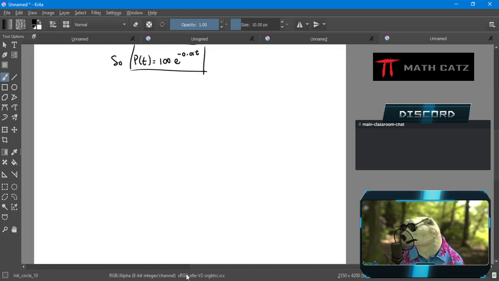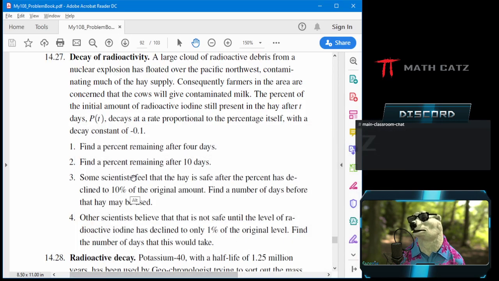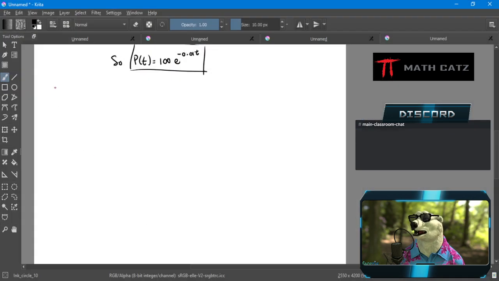All right, now that I have my function, which is a very familiar looking function, I'm just using a P instead. 1 and 2 are very much the same question. Find the percent remaining after 4 days and 10 days. So let's say for 1, after 4 days, we have P of 4.